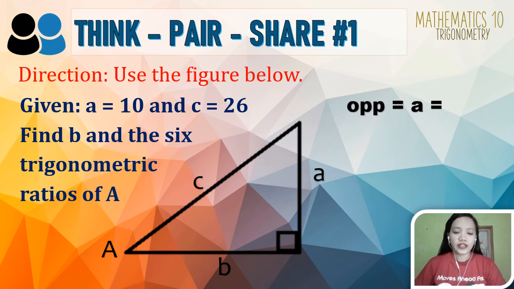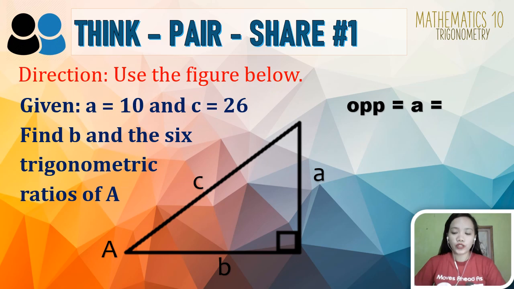So here, because the measure of the other side is not yet given, we need to look for the measure of the other side by using the Pythagorean theorem.